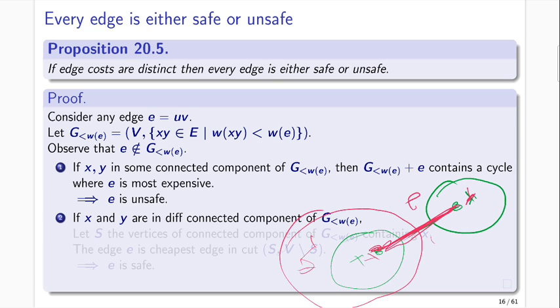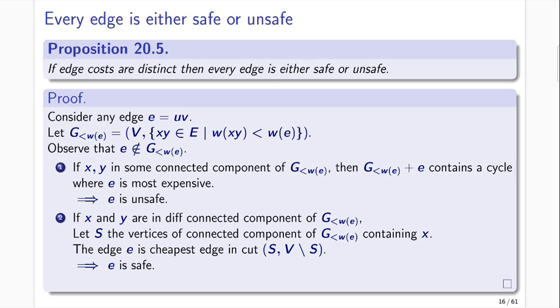But it's the cheapest edge not inserted into the graph by definition and by the assumption that all the weights are distinct, which means that the edge E is going to be the cheapest edge in the cut between S and all the other vertices in the graph. Namely, E is going to be safe. And we are done, right? We proved that the edge E must be either safe or unsafe. So that's it. That's what the claim says.